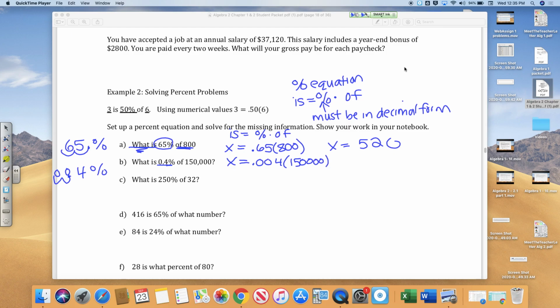When I multiply these together, I'm going to get 600. So 600 is the answer. What I want you to do now is pause the video and try C on your own.